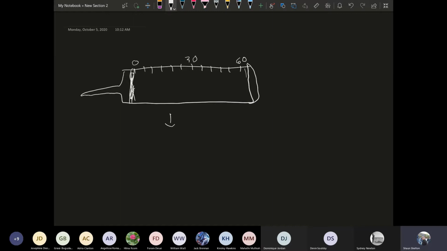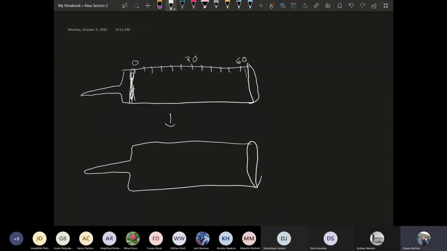So let's say that we move that plunger all the way to the top here. And so initially, your volume is 60 milliliters, and your pressure initially is going to be 1 atmosphere.